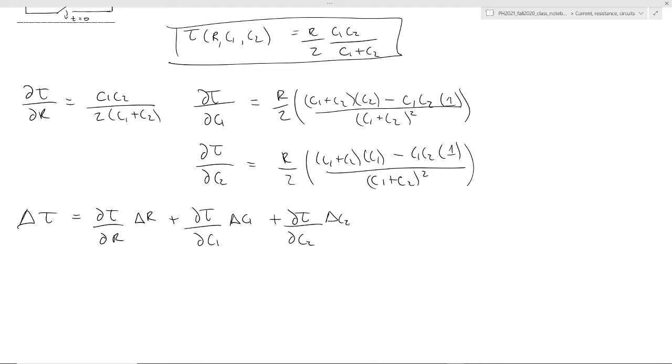So the slopes are the partial derivatives. And then you add them up, and that tells you how the whole thing is going to change. In other words, it tells you the delta tau. So let's put these ingredients together.